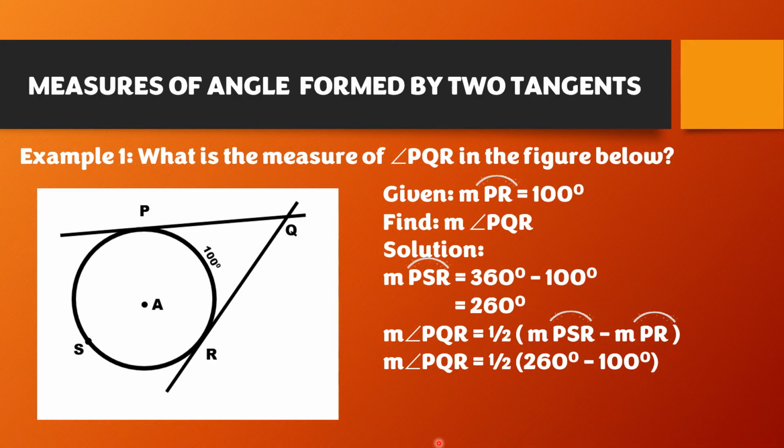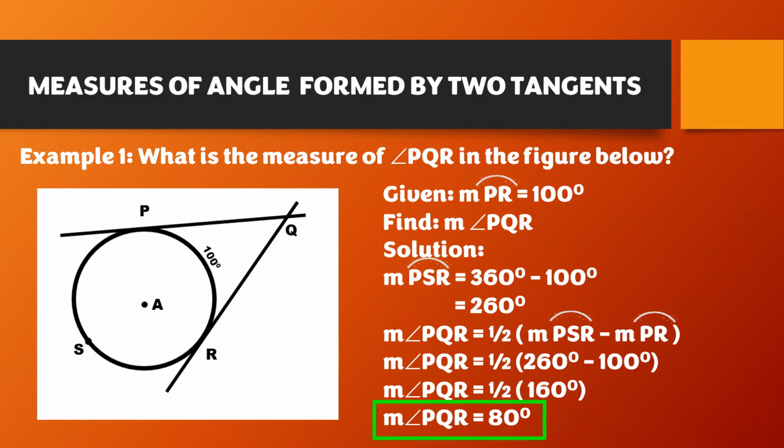Simplify, 260 degrees minus 100 degrees is 160 degrees. Then we get half of 160 degrees, so the answer is 80 degrees. Therefore, the measure of angle PQR is 80 degrees.